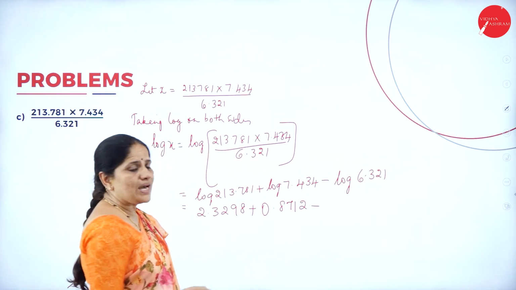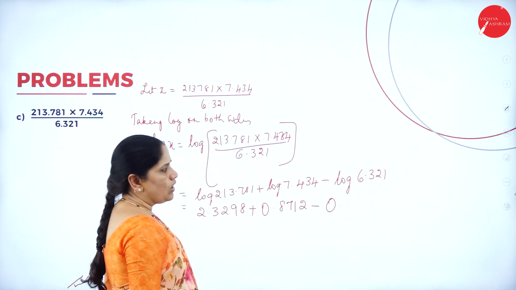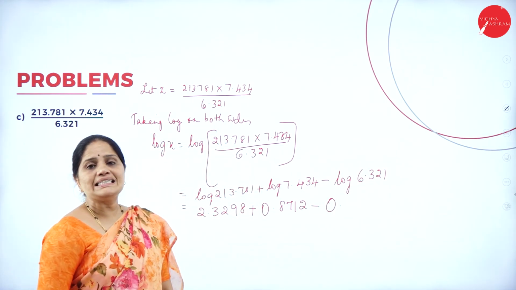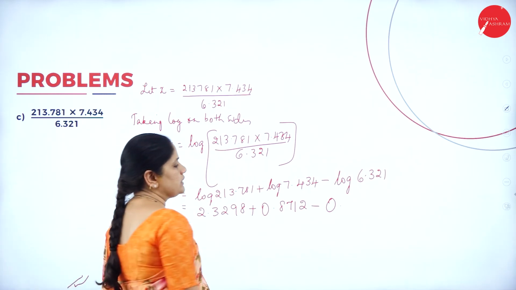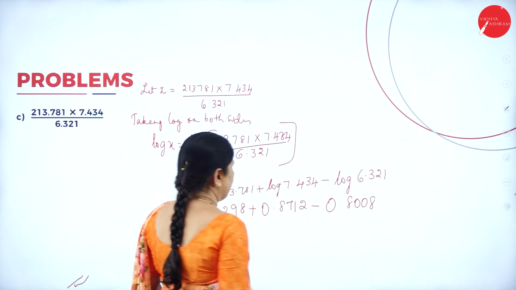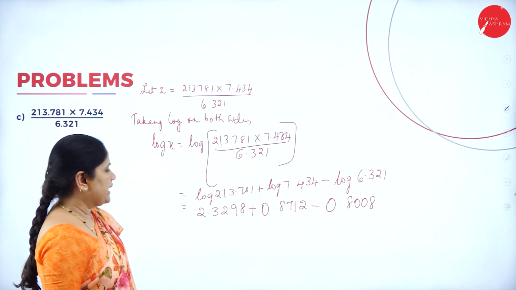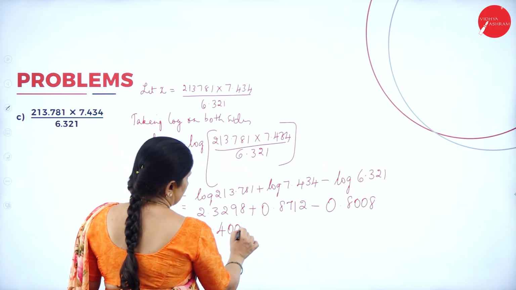So, 1 minus 1 is again 0. Now, I have to find the log value of 6.321. So, when I find the value of 6.321, it comes up to 0.8008. Now, I am simplifying this. 2.4002.